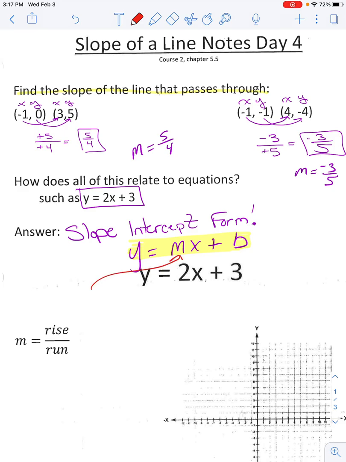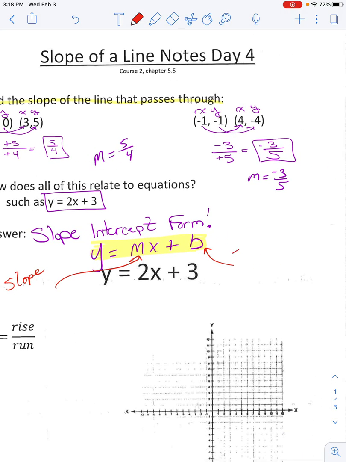Let's write a few things down. That m right there is your slope, okay? B, that is your starting point when you go to graph these or put them on a number line. Starting point. This is your y-intercept.